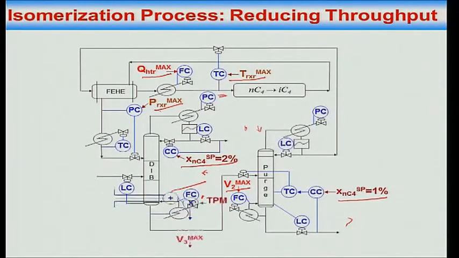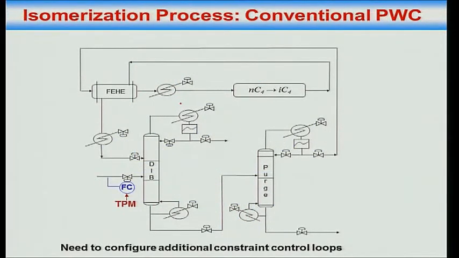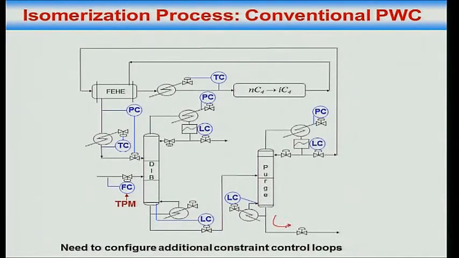Now let's compare this with the conventional scheme. In a conventional scheme, I'll have my throughput manipulator at the feed. Then I do the usual stuff. Level controllers in the direction of flow. In the purge column, because this is a very small stream, it's just a leak, I control the level using the boil up.